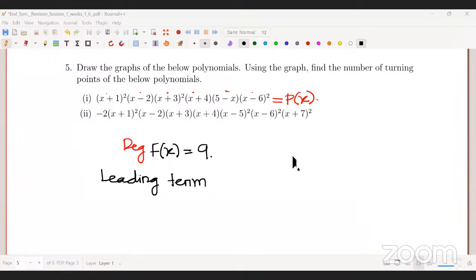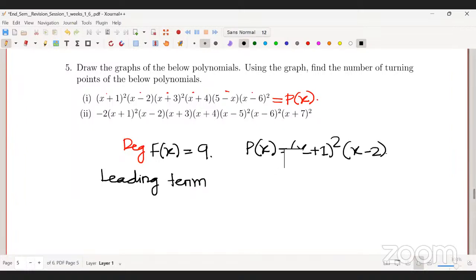So we want to find the leading term. I can rewrite this polynomial as p of x, which is x plus 1 whole square, x minus 2, x plus 3 whole square, then x plus 4.